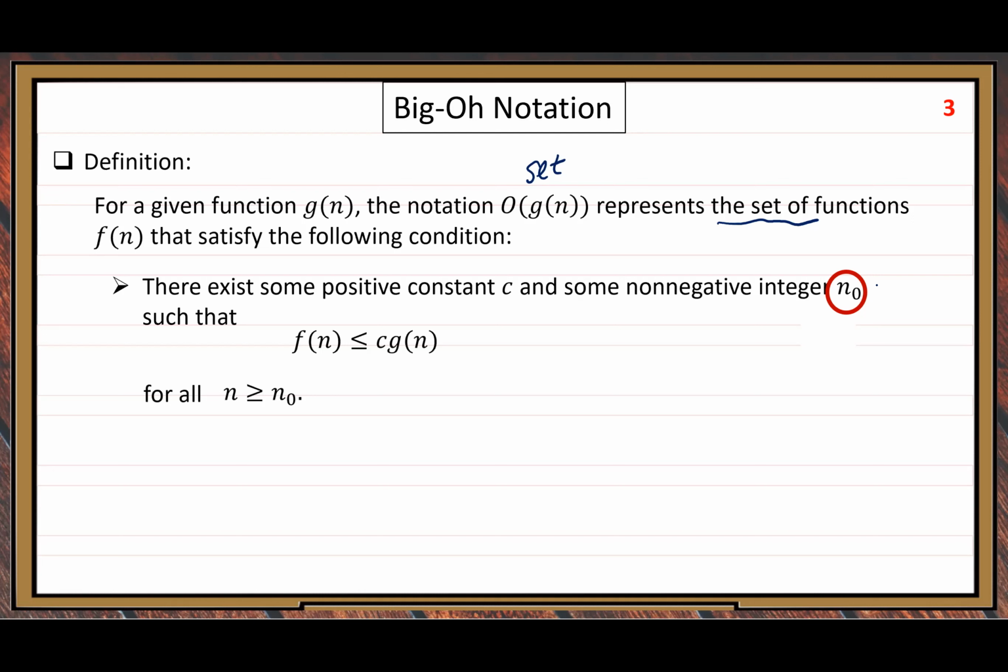In our limit way, we never used the notation of this little n0. Why do we introduce some new notation in the formal definition? Actually, this little n0, its role is important here. It makes our understanding harder, but it's necessary. So we need it.